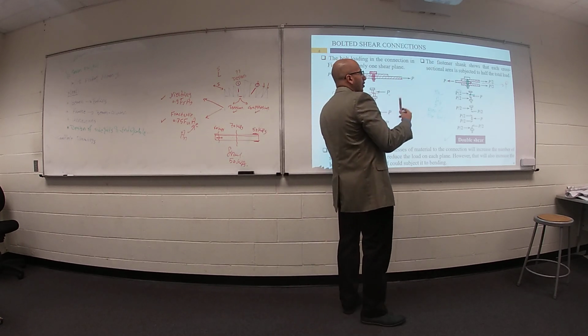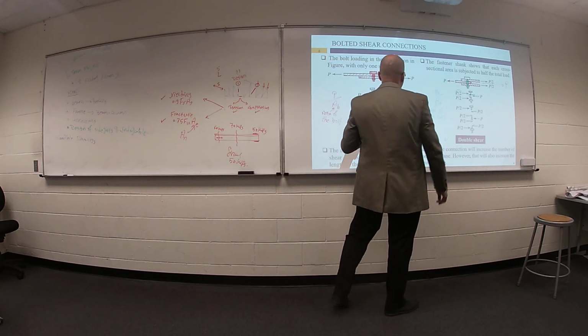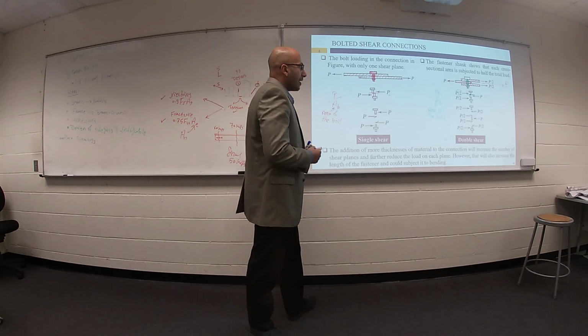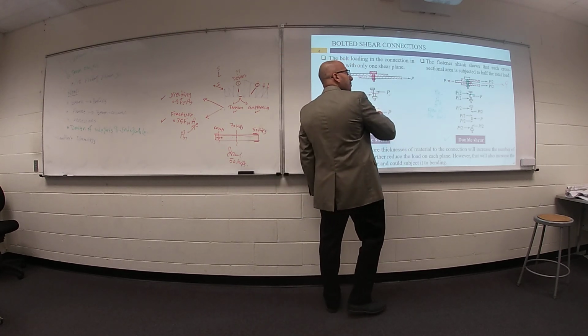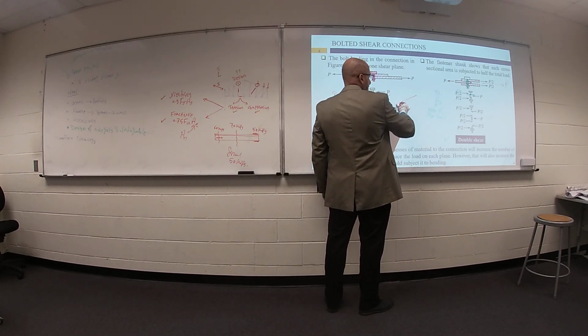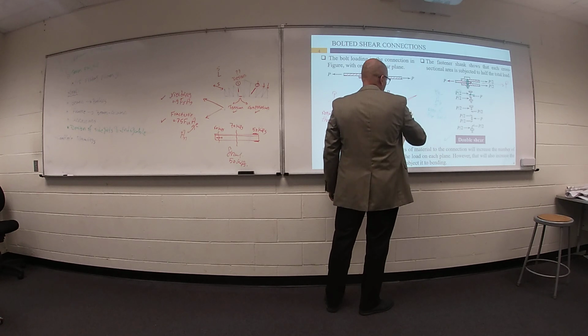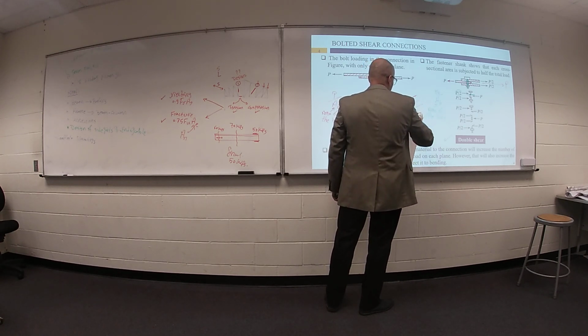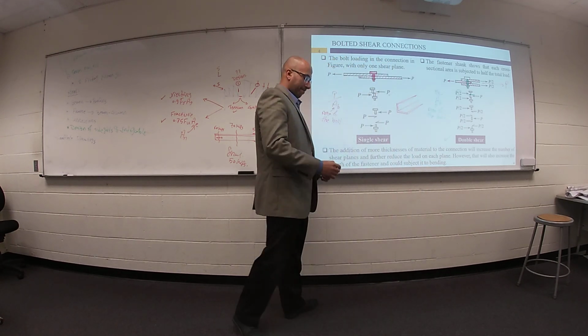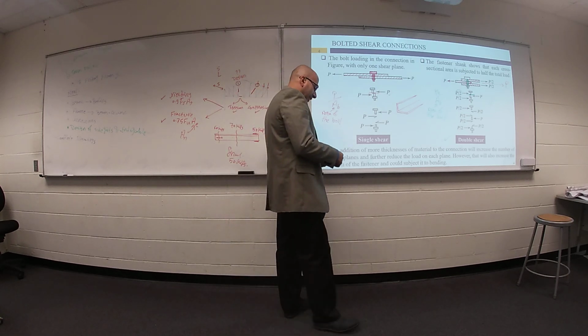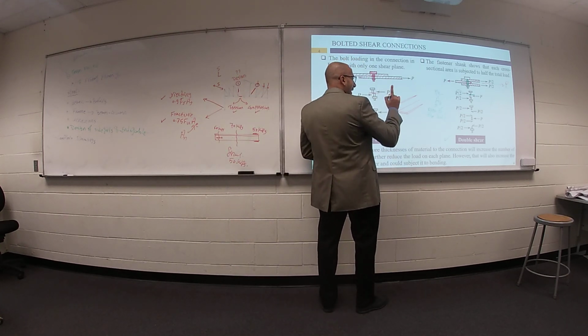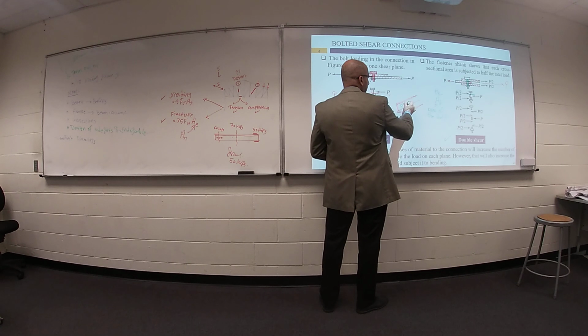Anybody can conclude anything from this case and this case? Yeah. Sometimes your member is a single angle. So if you have a single angle, one angle, your bolts at this location are connected to this plate.